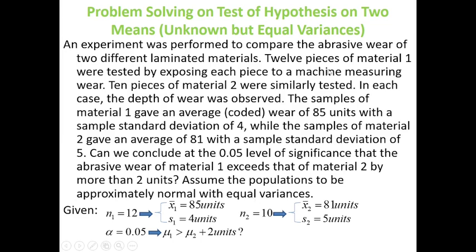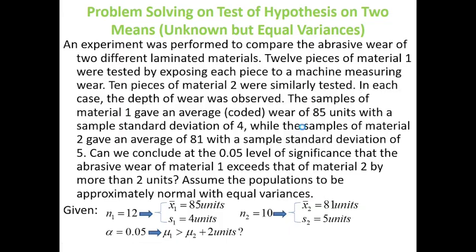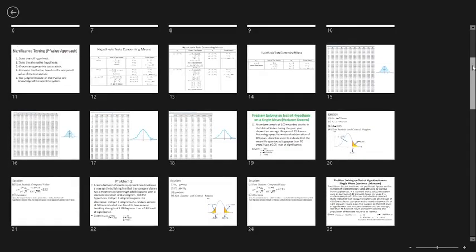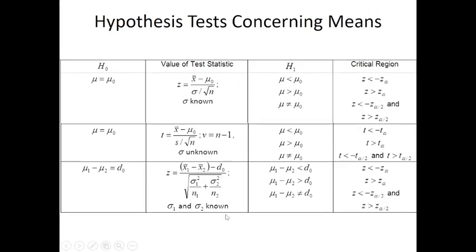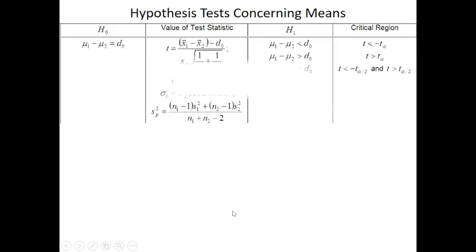If that's the case, what formula to consider? We cannot use mu sub 1 minus mu sub 2 equals t sub 0. This one we can use, when the two variances are equal but unknown.